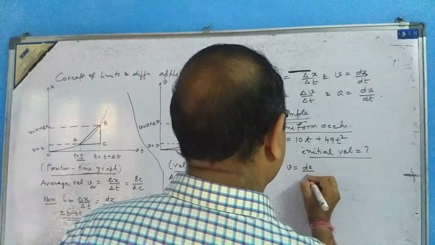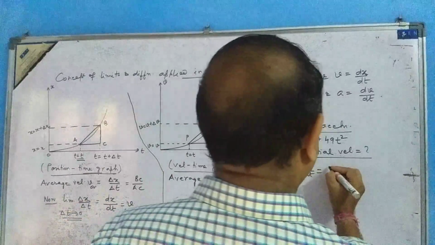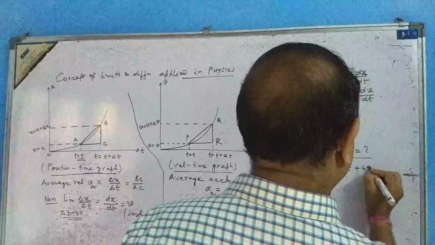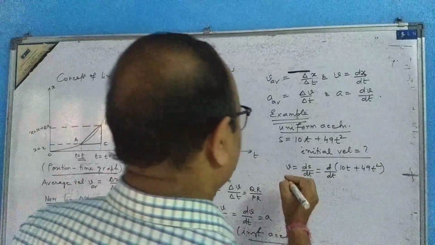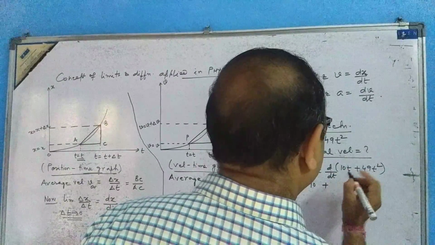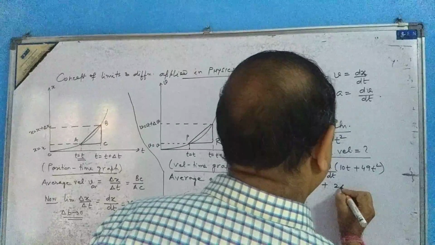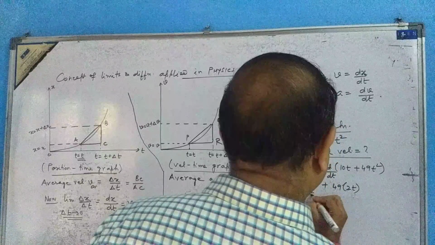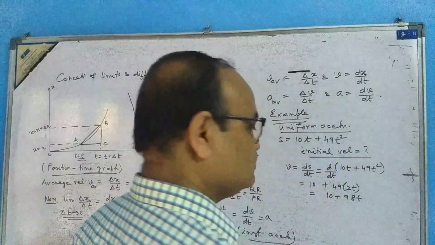V is equal to ds by dt, right? d by dt of 10t plus 4.9t square. Agreed? Then how much are you getting? It will be only 10, since dt by dt is 1, and 2 into 4.9t. Then can I write 10 plus 9.8t?